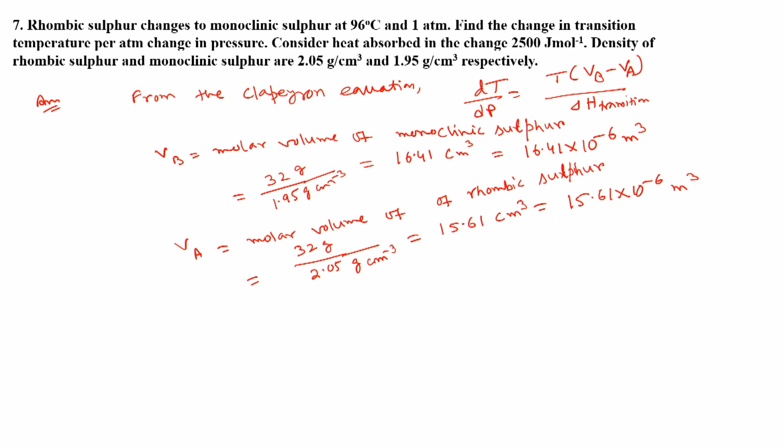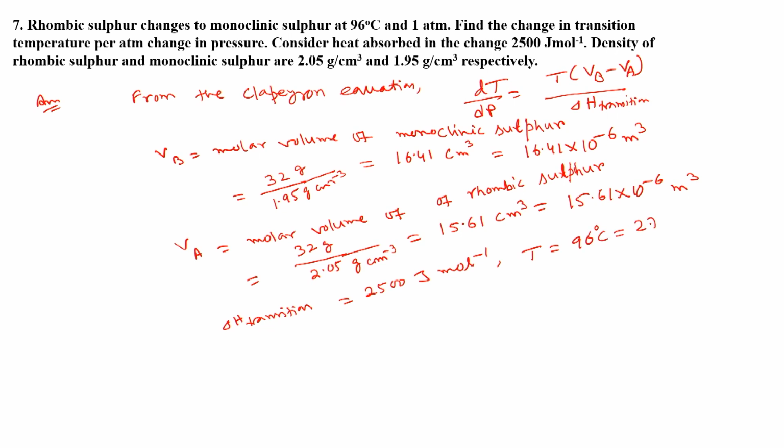So, delta H transition is 2500 joules per mole. Temperature is 96 degrees Celsius.